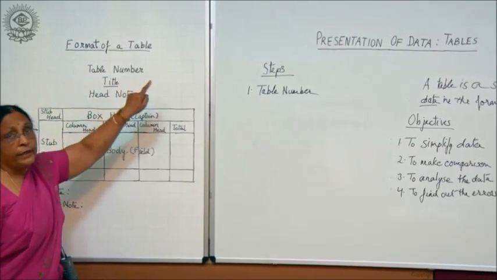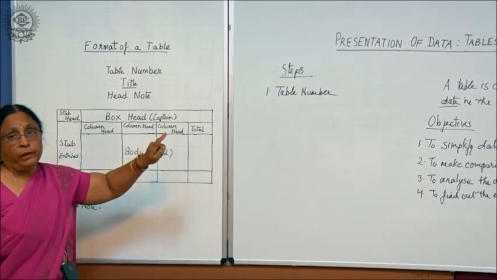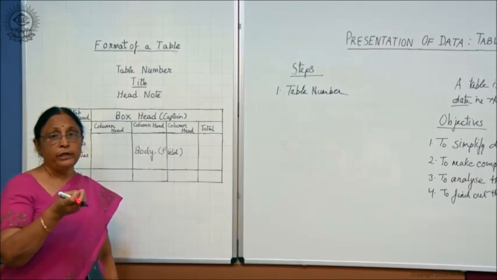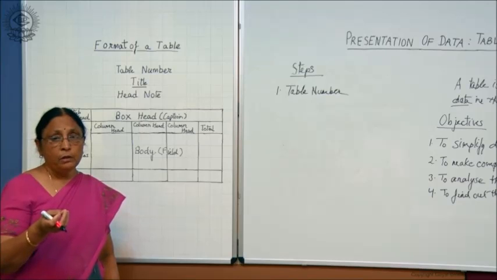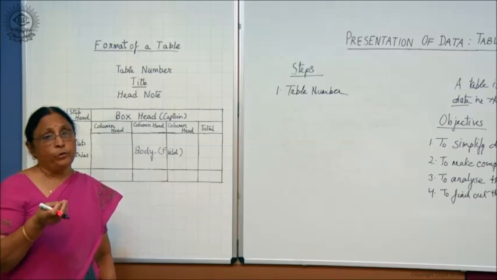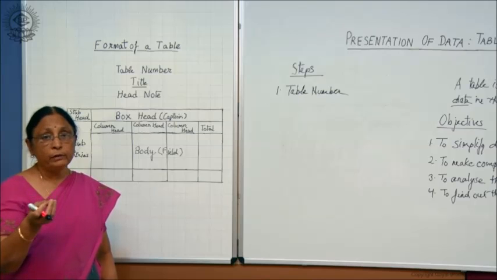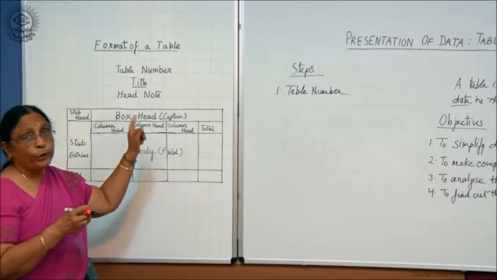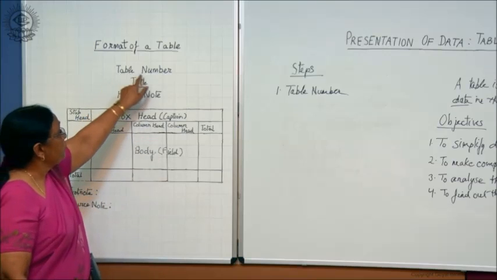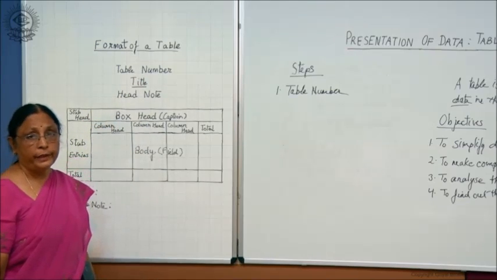This helps in identifying a particular table, and the table number can be in the form of table 1, table 2, table 3, or if in a particular chapter you want to give different tables, you can name them table 1.1, table 1.2, table 1.3, like this. So this is the first thing, the table number, right?